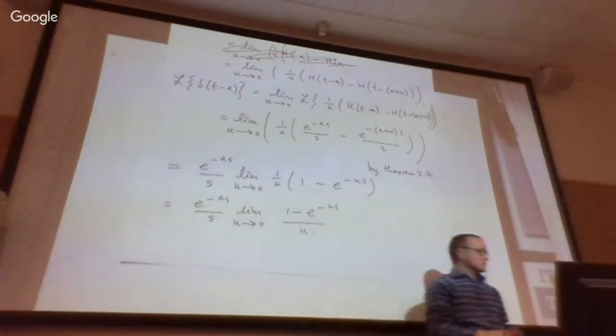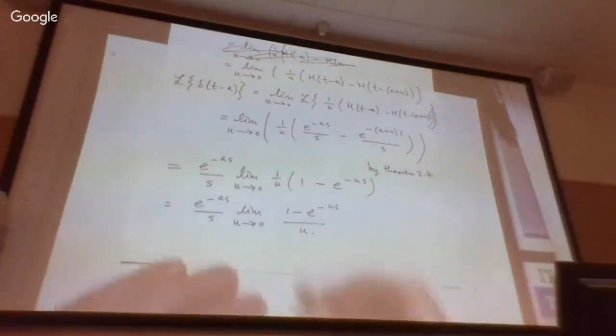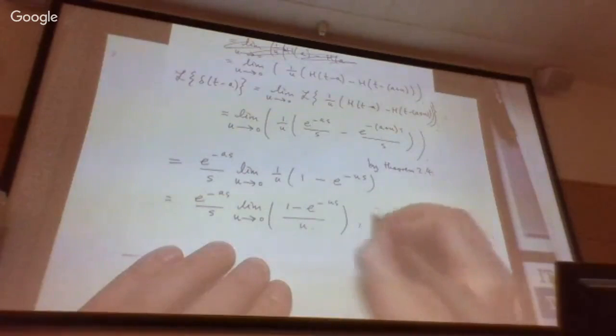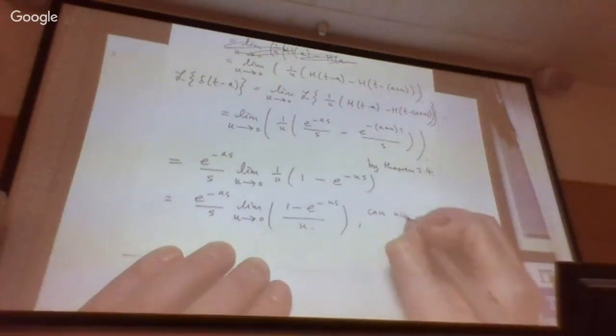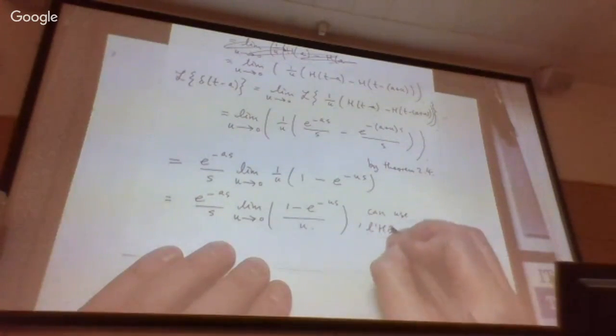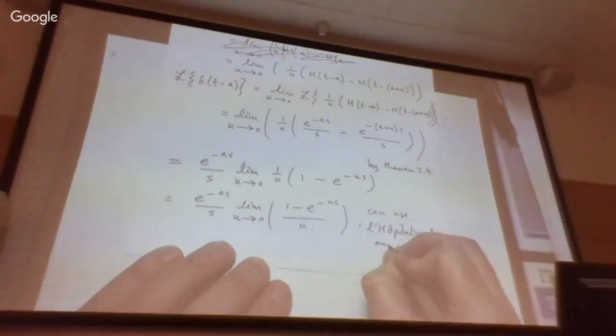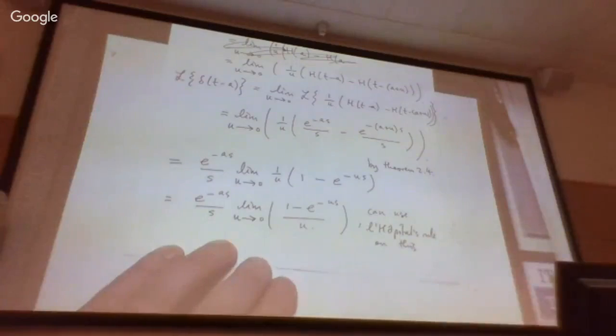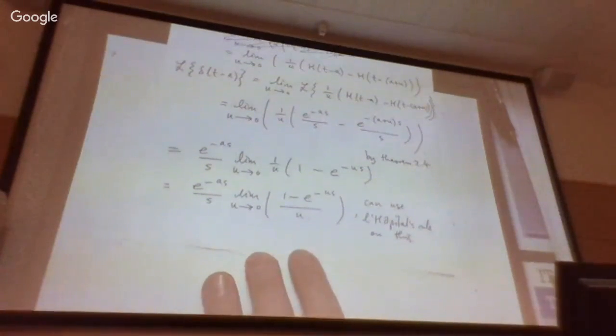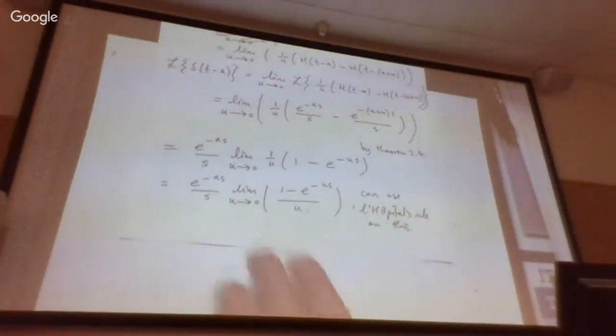So we go for differentiating separately the top and bottom. So let's just hit this with L'Hopital's rule.